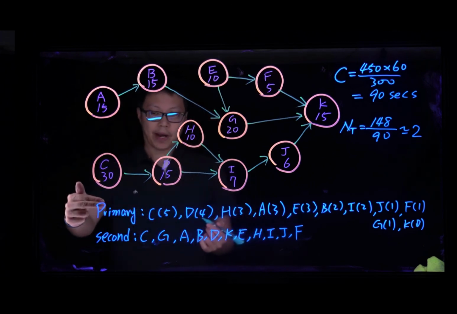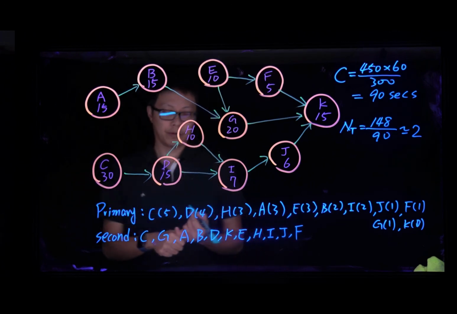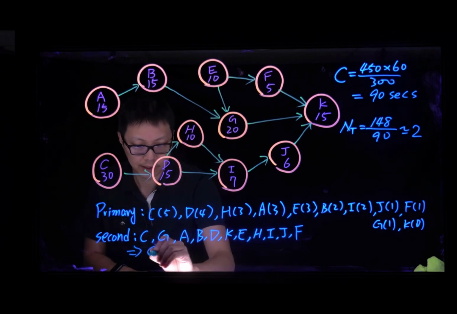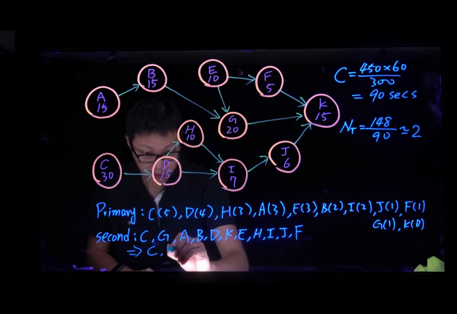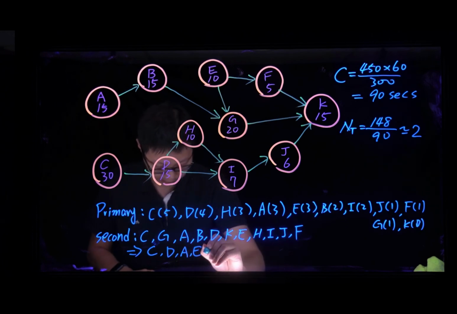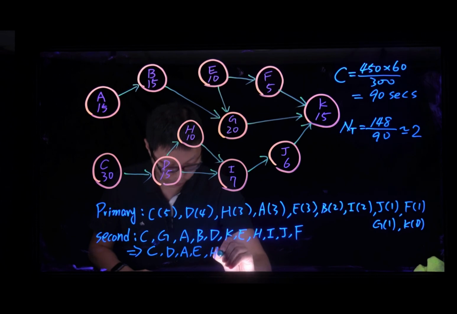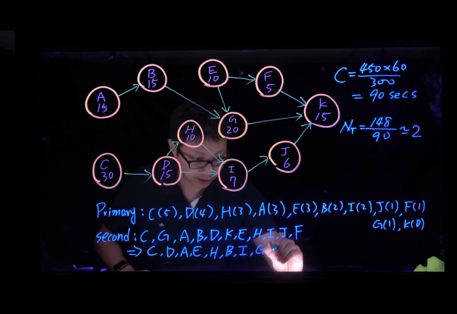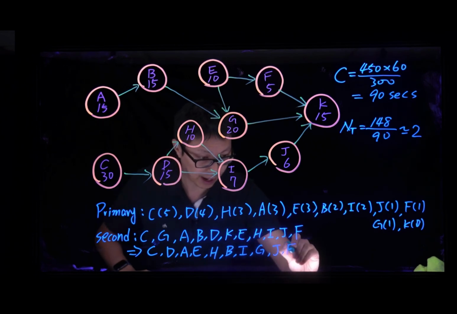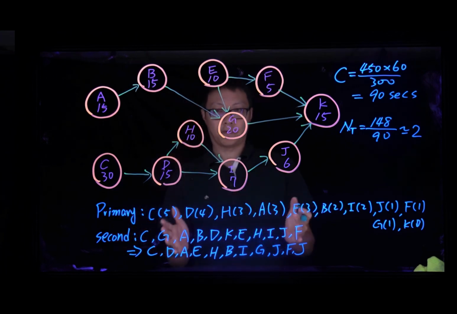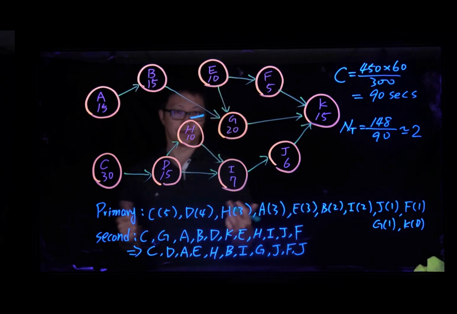Then when we combine the primary rule and the secondary rule, then the final sequence should be C, D, A, E, H, B, I, G, J, F, K. So that's the order that we want to follow when we try to assign a task to different workers.